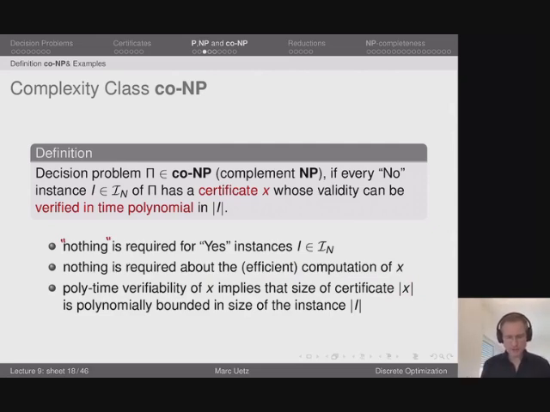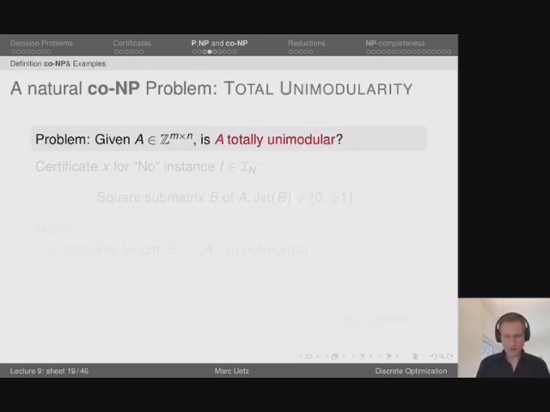Now, co-NP is maybe a bit less natural at first sight, so let me present two problems that are very naturally seen to be members of this complexity class co-NP. The first one is the property of being a totally unimodular matrix. Given an integer matrix A, the question is: is that matrix totally unimodular?